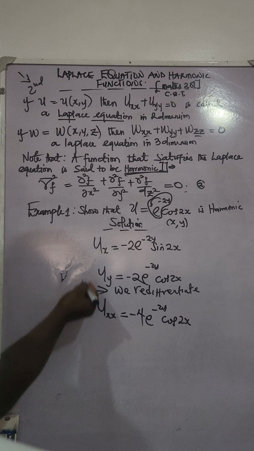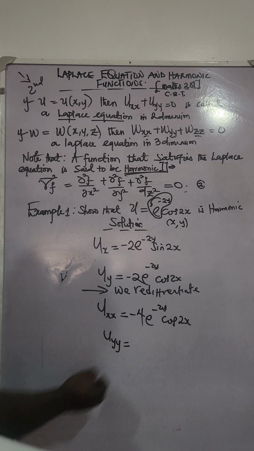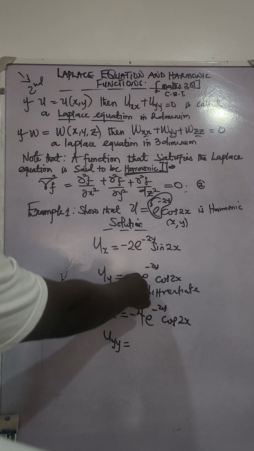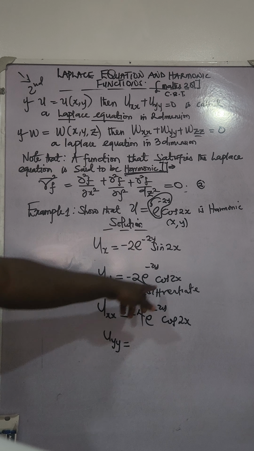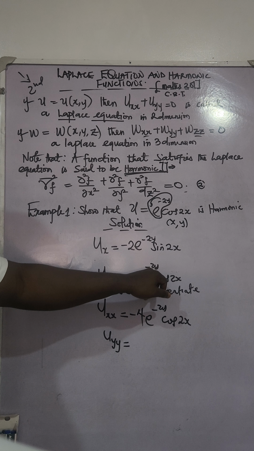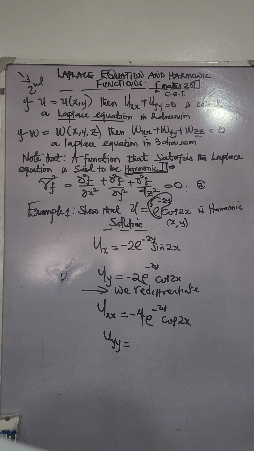Now, again, because you did u_x, you need to do u of what? u_y. When we differentiate u_y, we are differentiating with respect to y now. So we pretend as if we didn't see this part so that we can differentiate this. Minus 2 comes down. Minus 2 multiplied by minus 2 is 4, right?